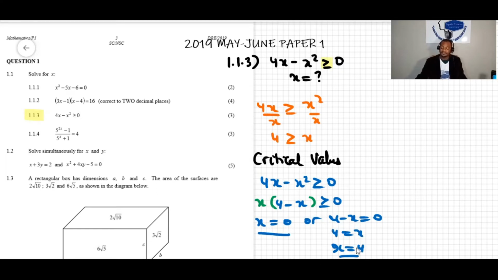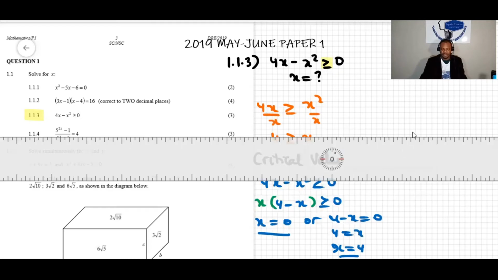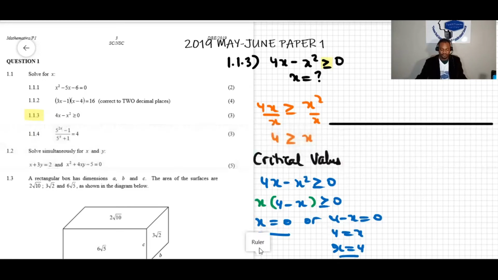Then we will draw the number line. I'll show you the number line here. And then on the number line, I can place the critical values that we found. The critical values are the numbers 0 and 4.